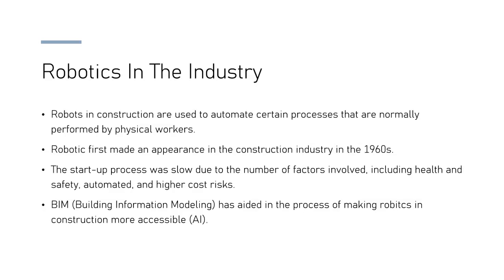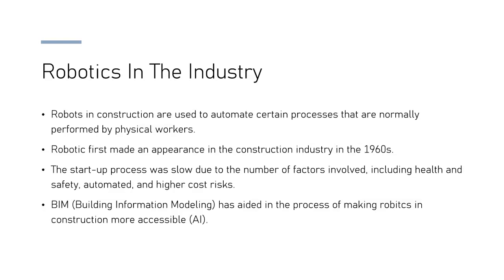Building modeling has aided in making robotics more accessible due to AI and stuff like that, because building information modeling basically allows you to construct a structure digitally and make it available for people to see before it's actually constructed, and this cuts down on cost and labor and having to make change orders during the process of construction.